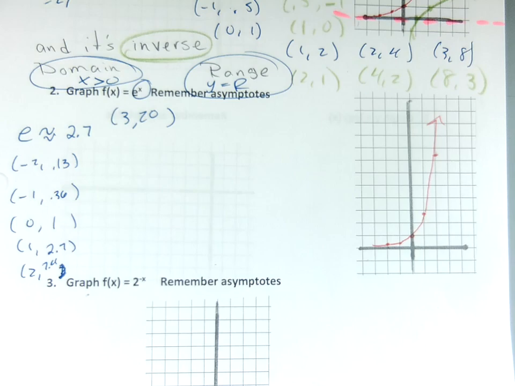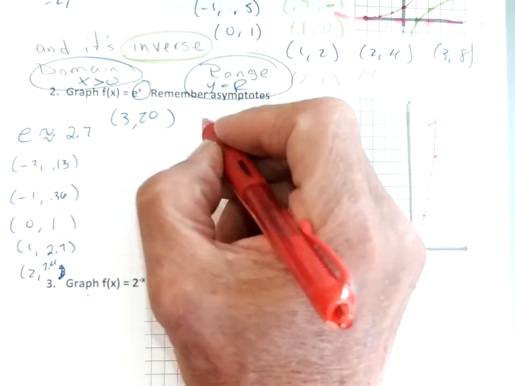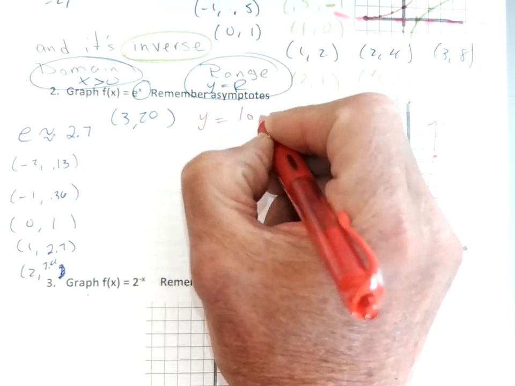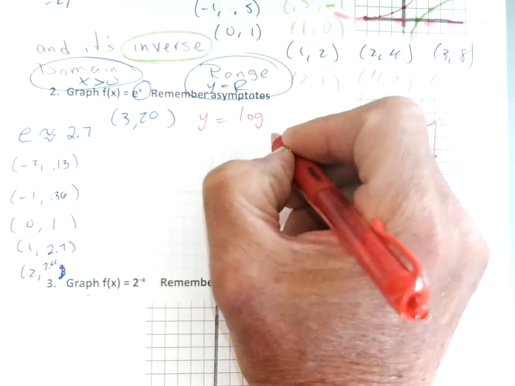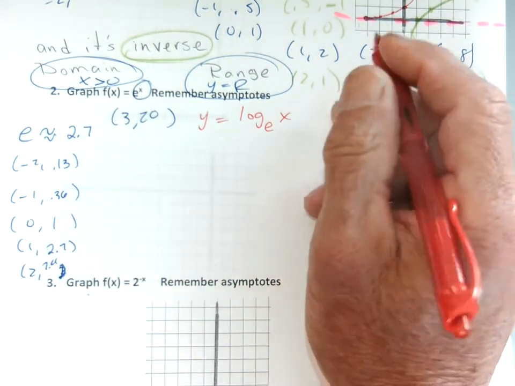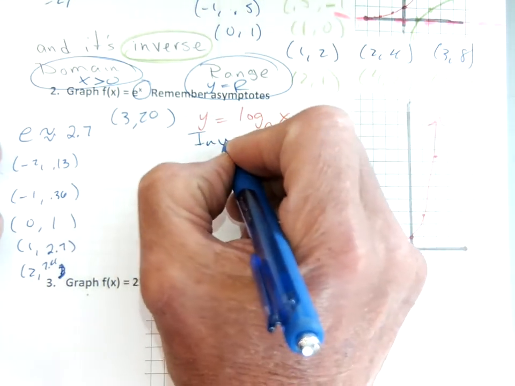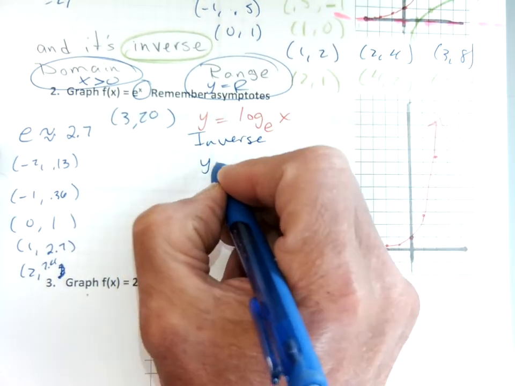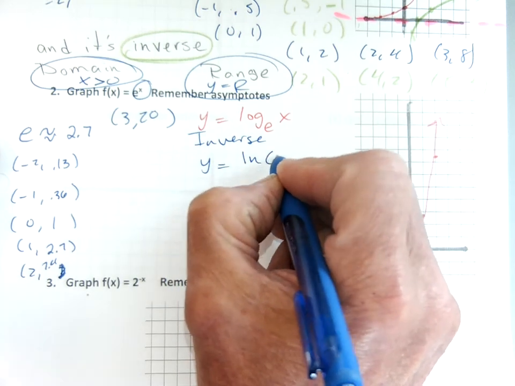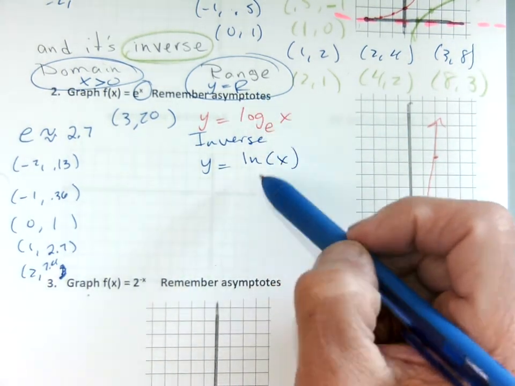And its inverse is just going to be the opposite. So the inverse of this would be y equals log base e of x. That's my inverse. But I'm going to write it as y equals ln of x. Same thing. Whenever I see log base e, we write ln.